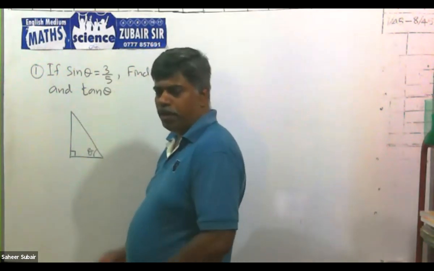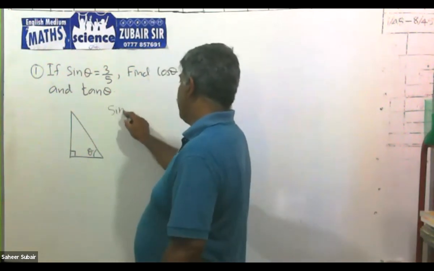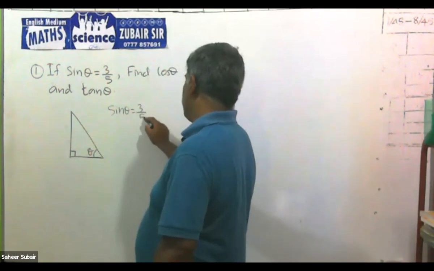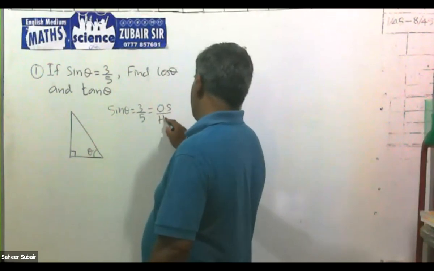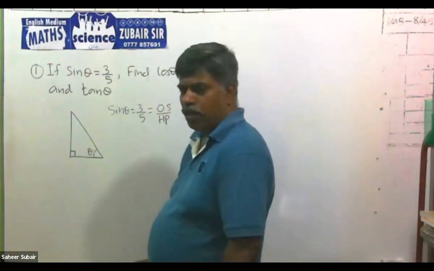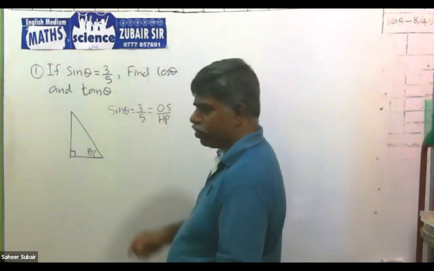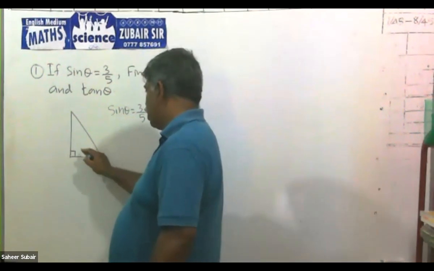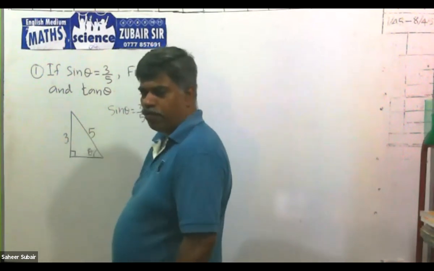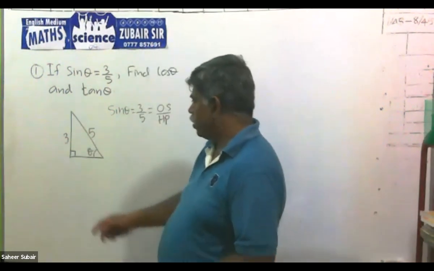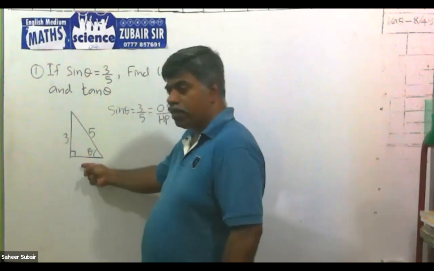But we have learned sine theta is opposite over hypotenuse. Now when you compare both, the opposite side is 3 and the hypotenuse is 5. Then if you know the adjacent side, you can find cos theta and tan theta. Then you have to find the adjacent side.